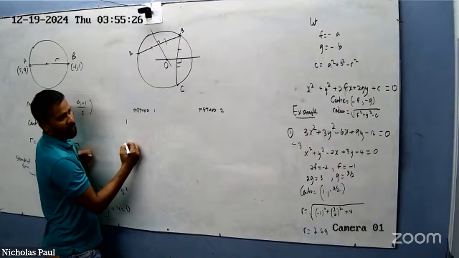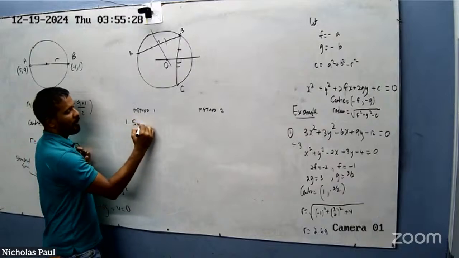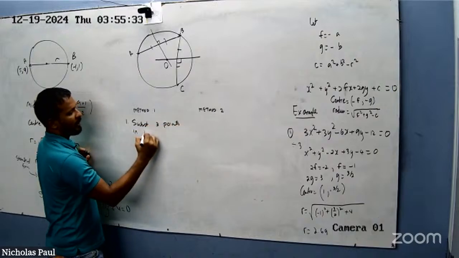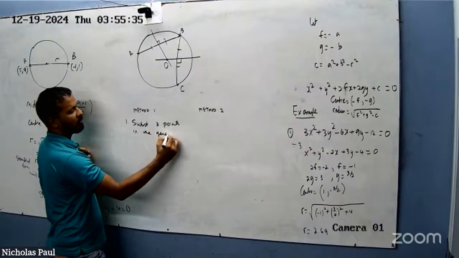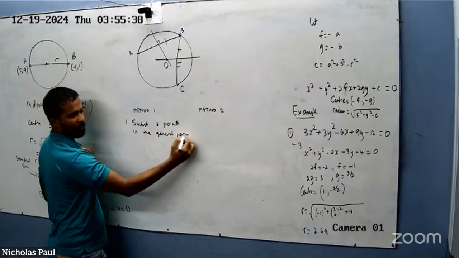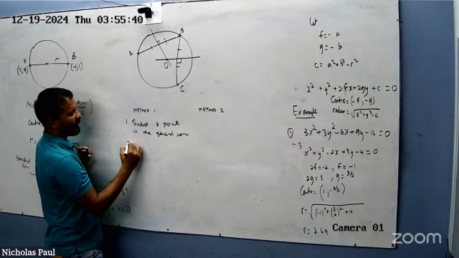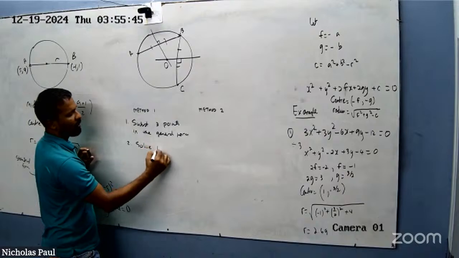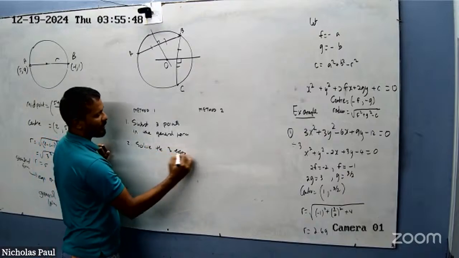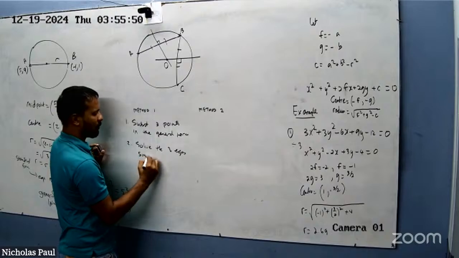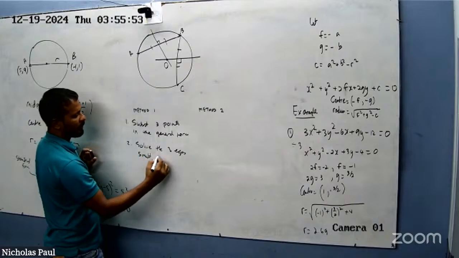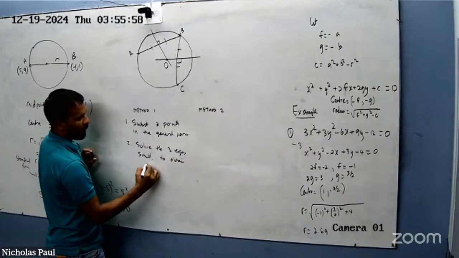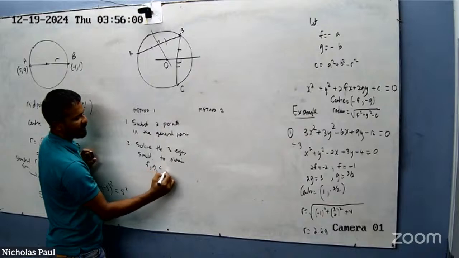So method 1, I like method 1. One, substitute the 3 points in the general form. And then 2, solve the 3 equations simultaneously to obtain f, g, c.